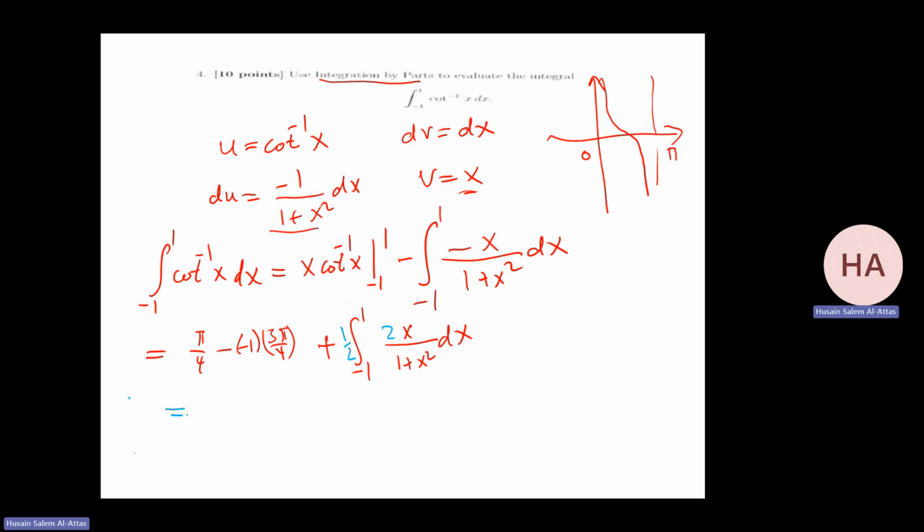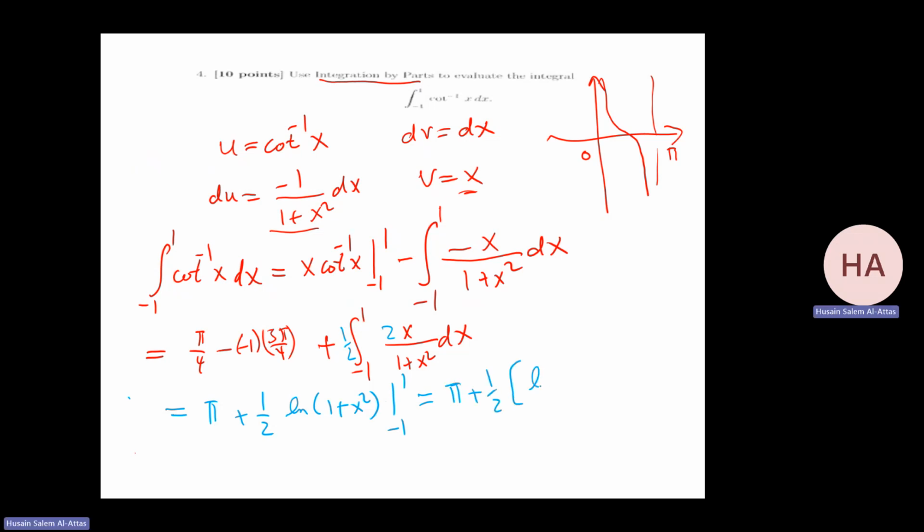That will be pi over 4 plus 3 pi over 4. That will be pi plus half ln of 1 plus x squared from minus 1 to 1. By the way, this is an odd function, so the answer should be 0.